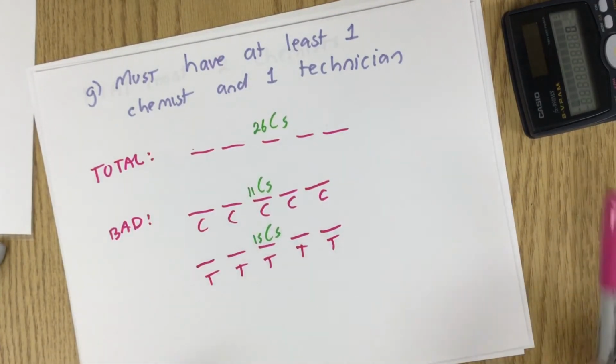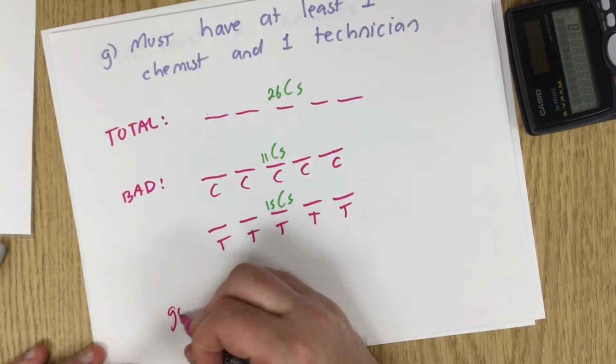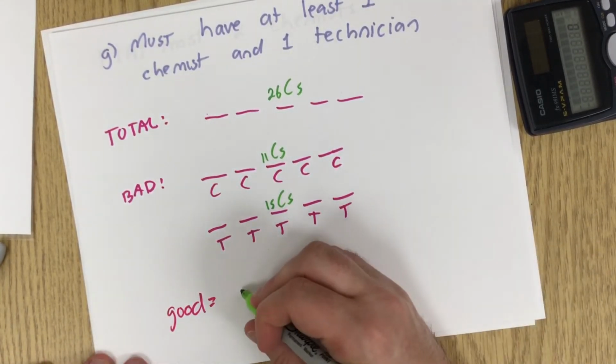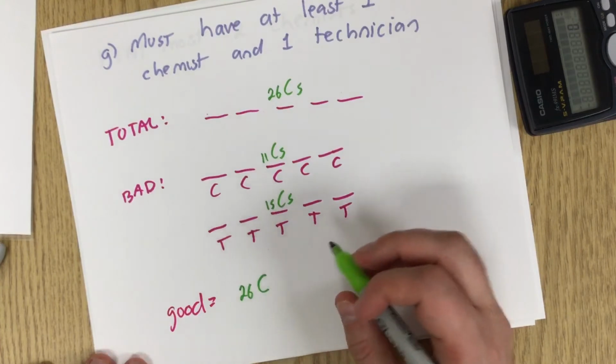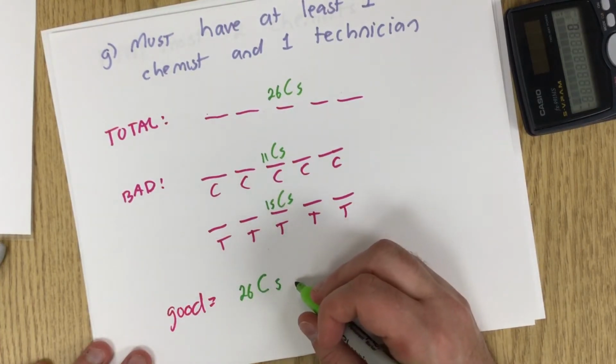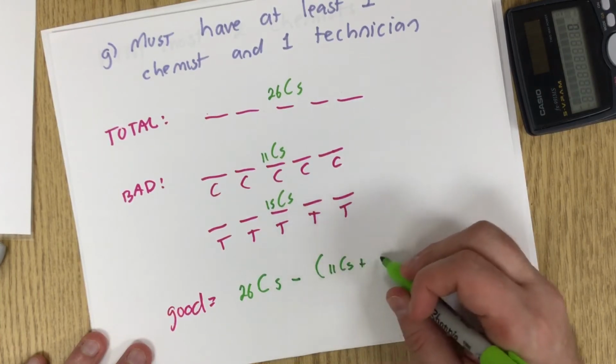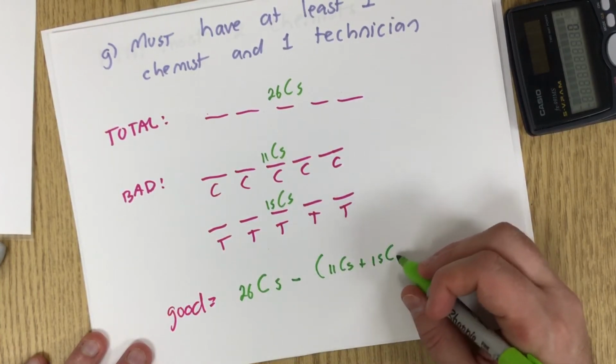And so the good would be 26 choose 5 minus the 2 bad cases. It's that or that, so we're going to add them up.